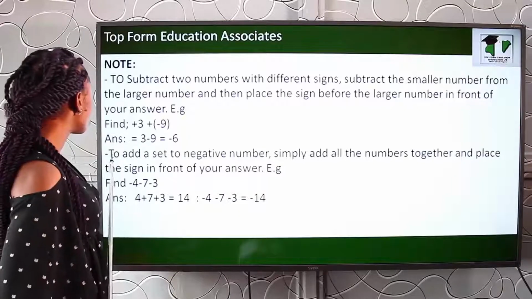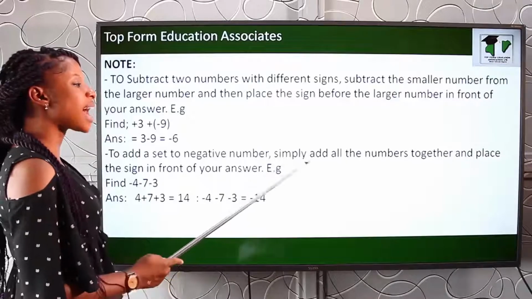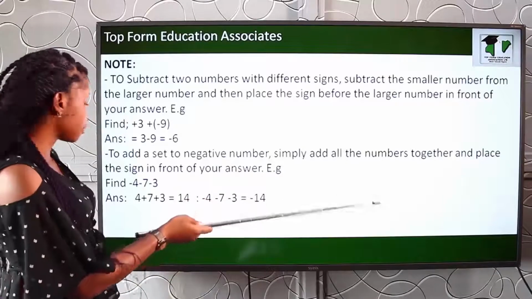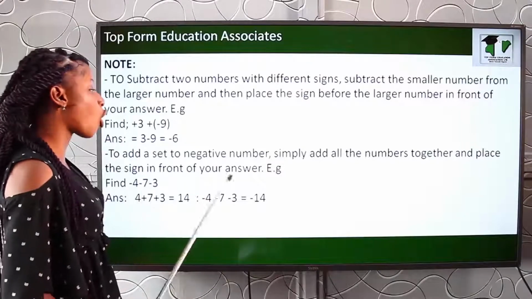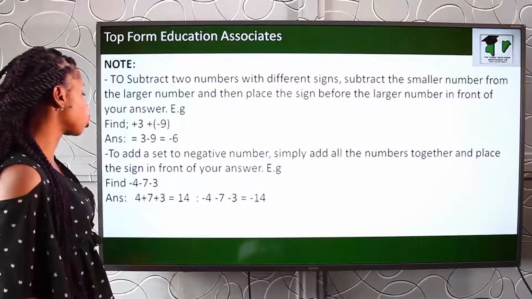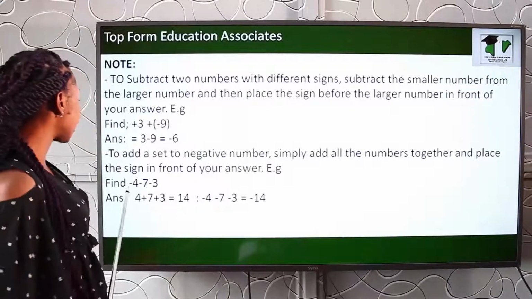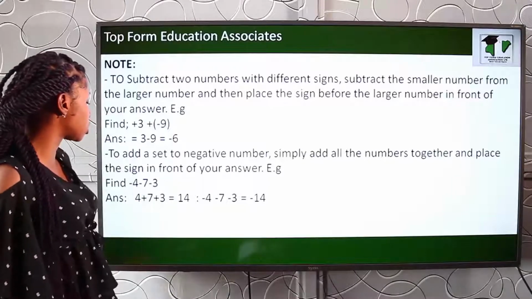Now, number 2, to add a set of negative numbers, simply add all the numbers together, and then place the minus sign in front of your answer. Now, these are sets of negative numbers. We have minus 4, minus 7, minus 3.